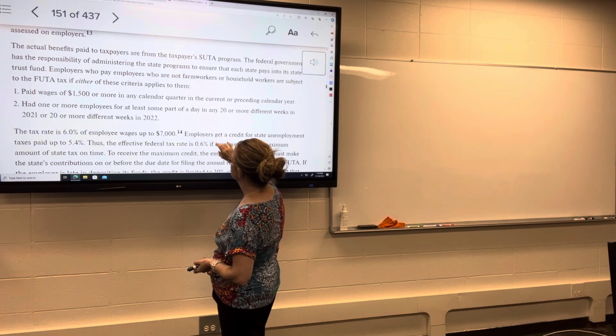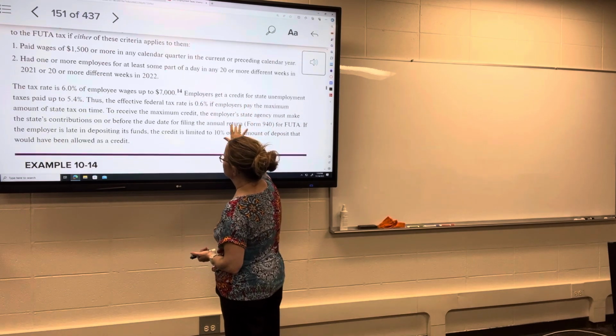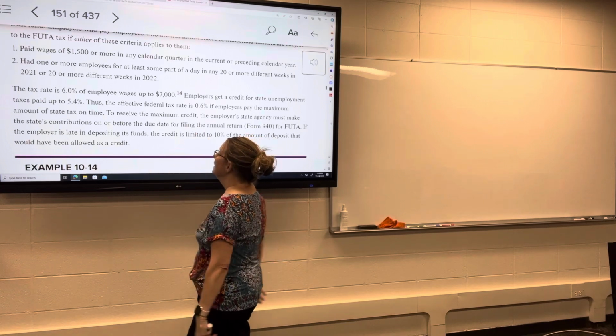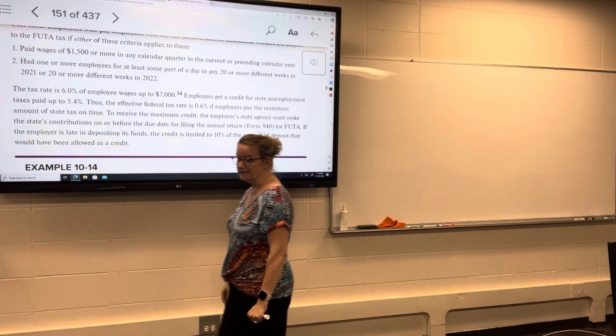These two things say the same thing to me, I'm not sure why they're separated out. I guess in one of those years, the current year or the preceding year. Tax rate is 6%.